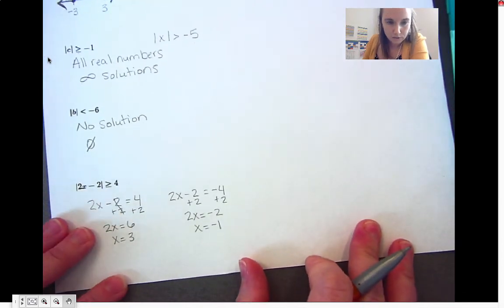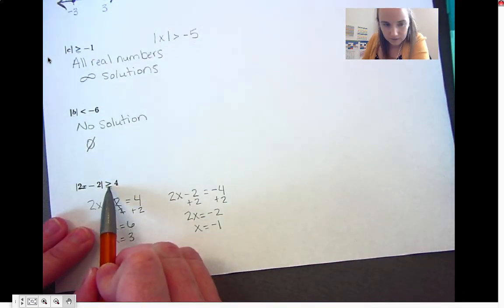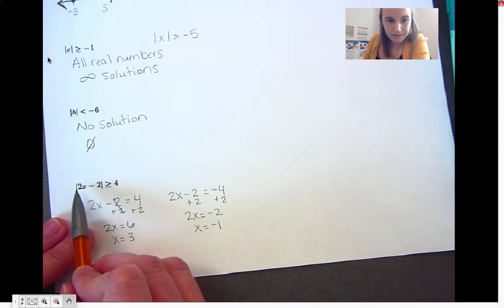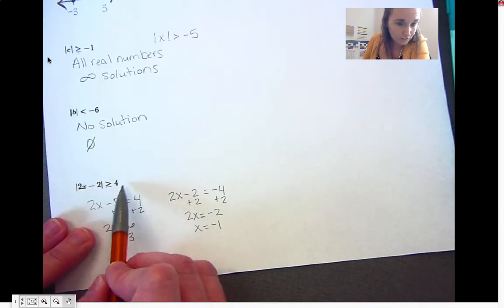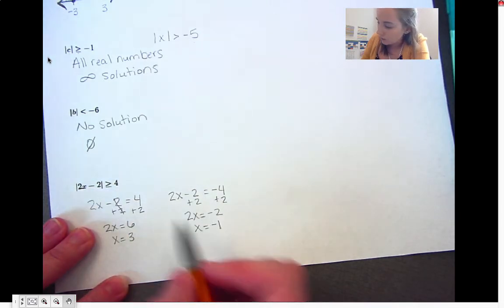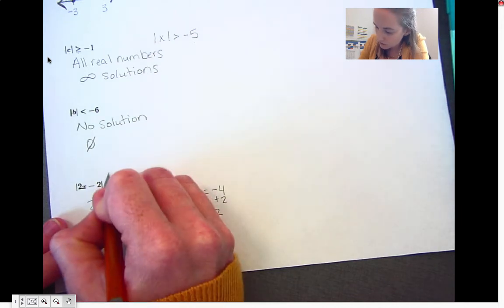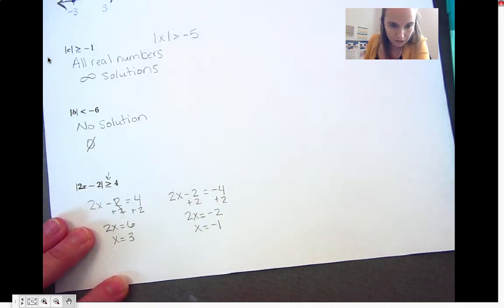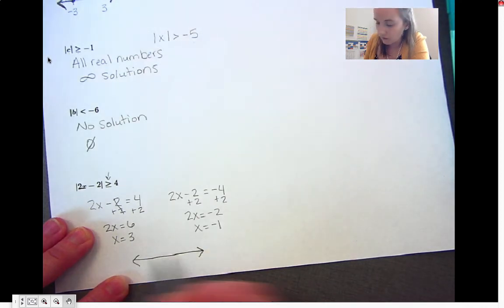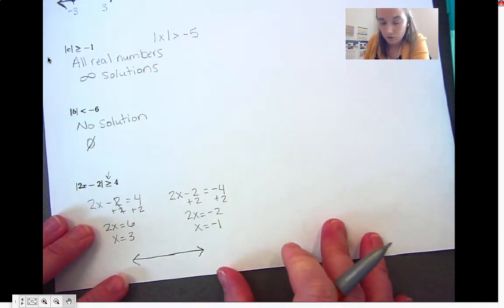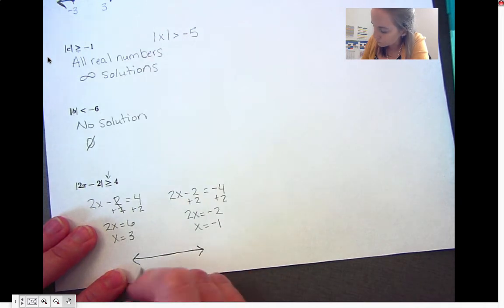And now what I do is I go back and look at this symbol. And because I didn't have to change the symbol, I did not have to divide by a negative number on the outside here before I even started solving. Because I didn't have to do any of that, this right here says greater than. So I'm going to line up my numbers from the least value to the largest value, smallest to largest.